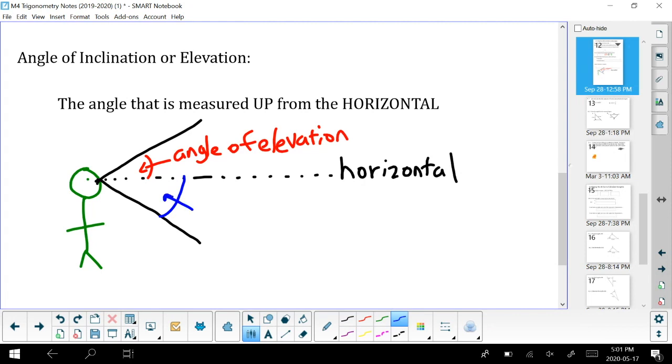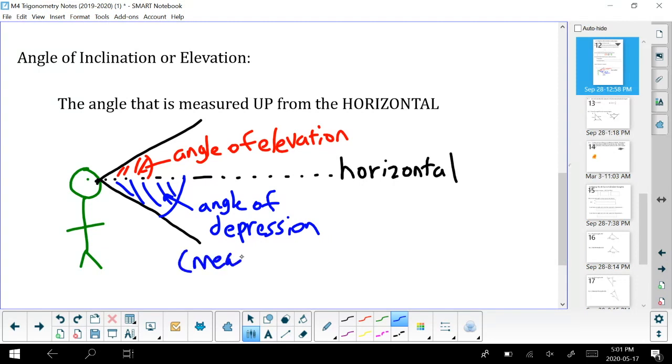This angle right here, let's shade this in, is my angle of depression, which is really just looking down from the horizontal. So we can write measured down from the horizontal.